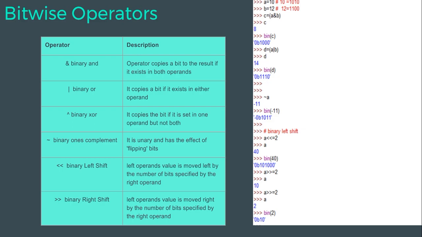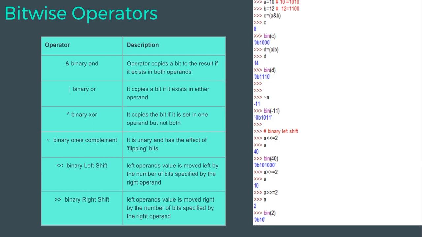A is equal to 10. Here we also write the binary of 10 in comments. 10 is equal to 1010, which represents the binary form of 10, and B is equal to 12, and the binary form of 12 is 1100.